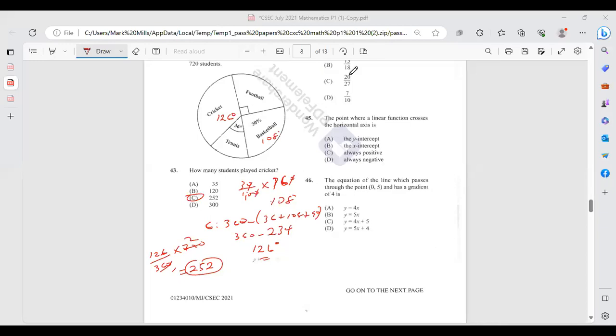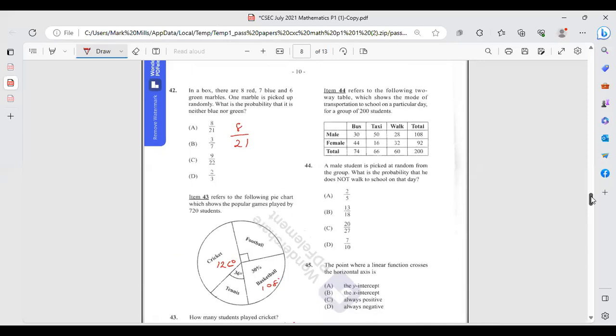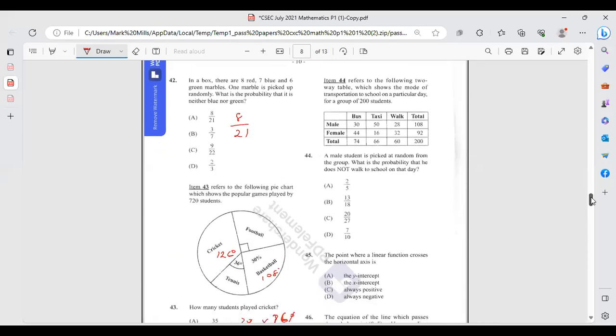Yes, sir. All right. So where are we now? Item 44. Item 44 refers to the following two-way table, which shows the mode of transportation of students on a particular day for a group of 200 students.